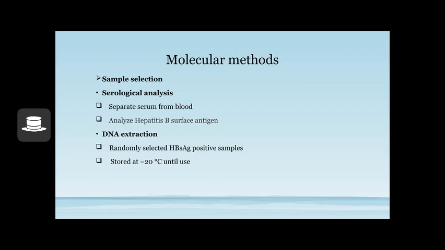Serum samples were analyzed for hepatitis B surface antigens by ELISA kits. DNA extraction. HBV DNA of several randomly selected HBs antigen positive samples was extracted from 200 microliters of plasma using a pathogen kit. Extracted DNA was stored at minus 20 degrees Celsius until use.